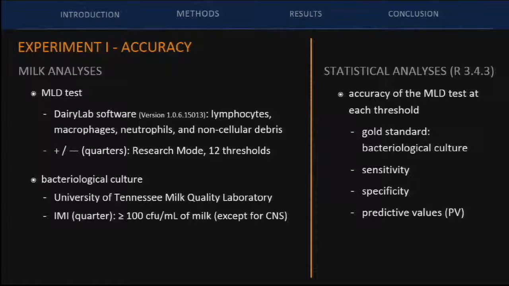I will not put you through this, but you can use 12 different thresholds in the research mode to classify your quarters as positive or negative.